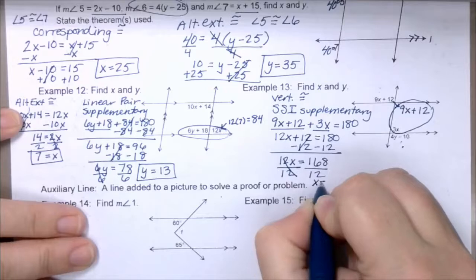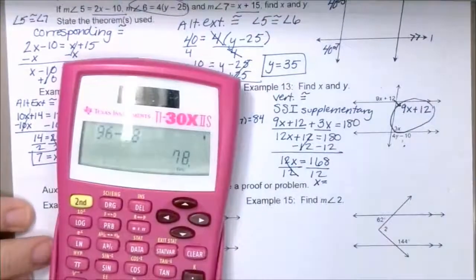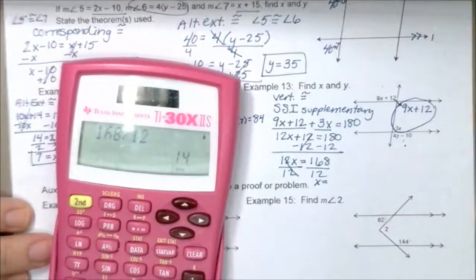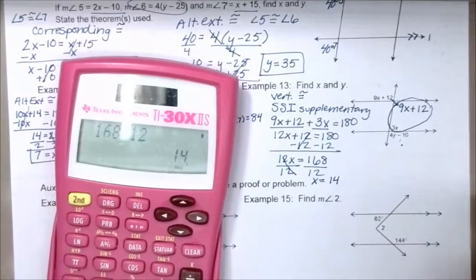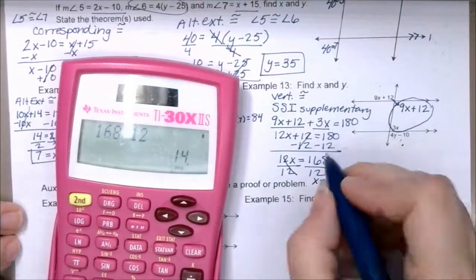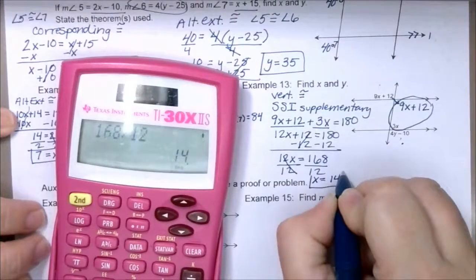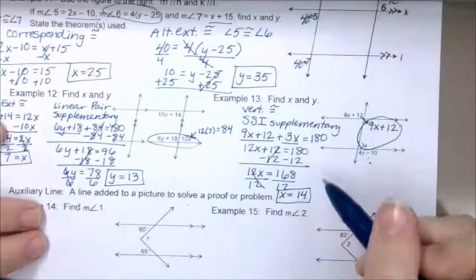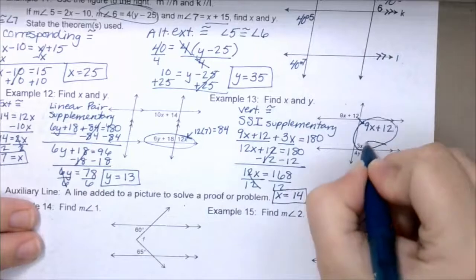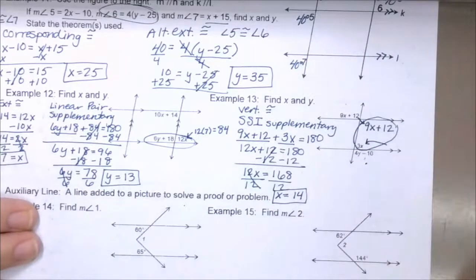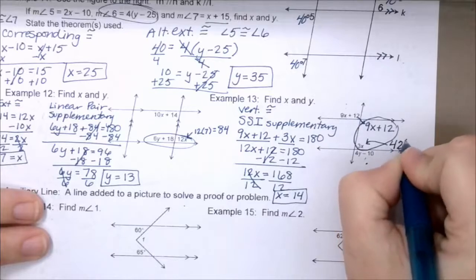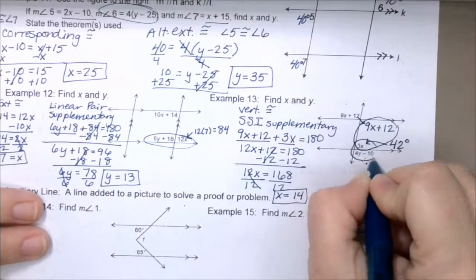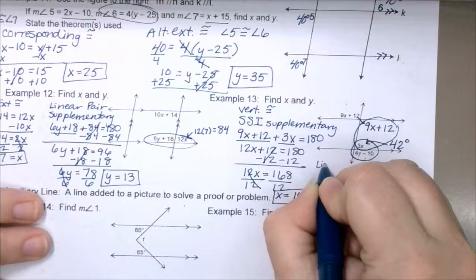There's my auxiliary line. Did you finish? Then please work on it. What's this angle right here? 62 degrees. Why? Alternate interior. What is this angle right here? Not 144.